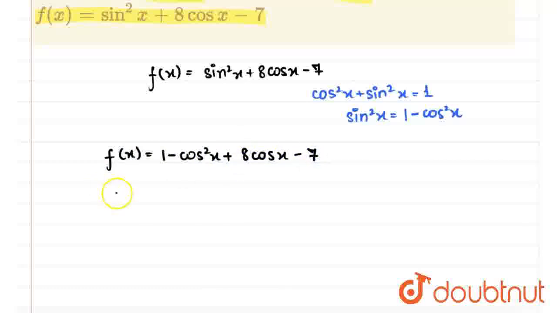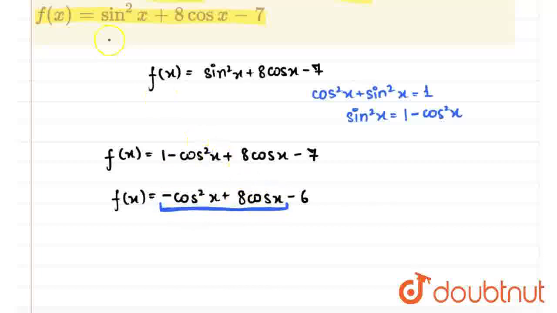If we further solve it, we have f of x is equal to minus cos square x plus 8 cos x minus 6. Right, now in the next step we will take minus common from the first two terms, that is minus cos square x plus 8 cos x.